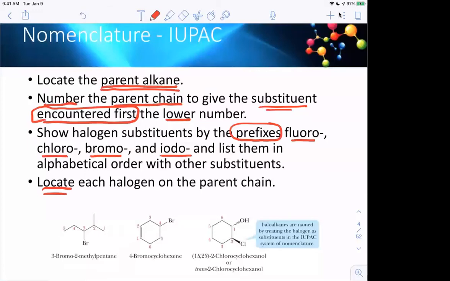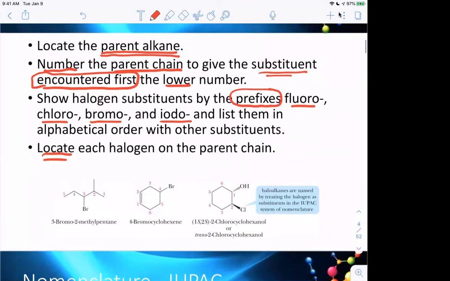So let's look at some examples here. Here is my longest carbon chain. And if I count this way, my first substituent is encountered on number 2. If I count the other way, it's not encountered until number 3. So on my 2 carbon, I have a methyl group.